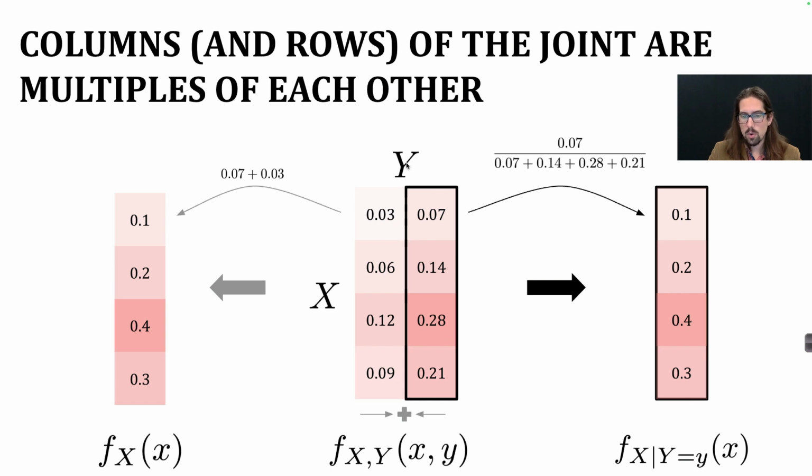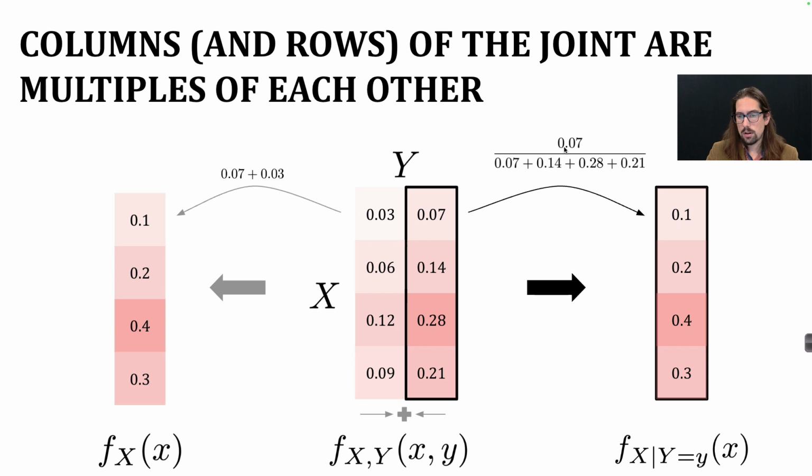So we're conditioning on y equals some particular column value of y. And we're taking that distribution, and then we have to scale it so that these probabilities all add up to 1. And the number that we need to scale that by is precisely the sum of all of these probabilities.